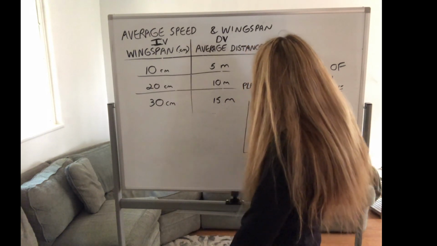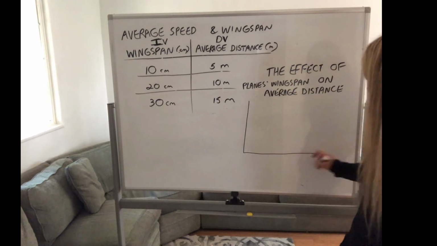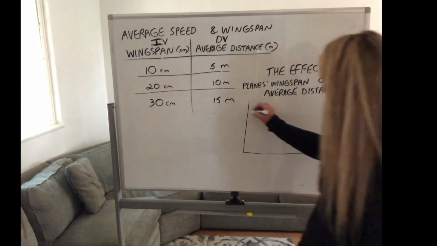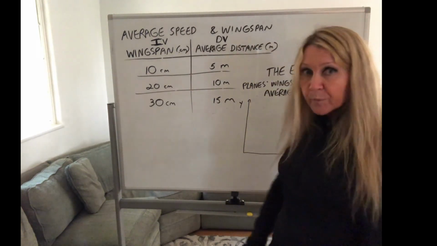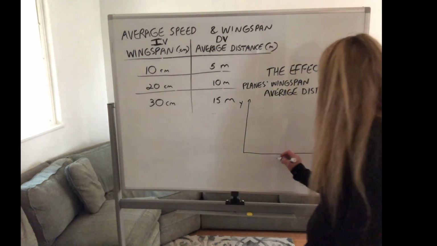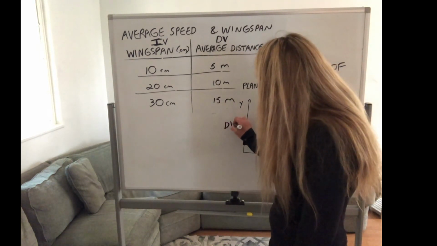Now remember, we do a graph. The x-axis is horizontal and the y is vertical. Okay? So the x is where the independent variable is going to go. IV goes here and DV goes there.